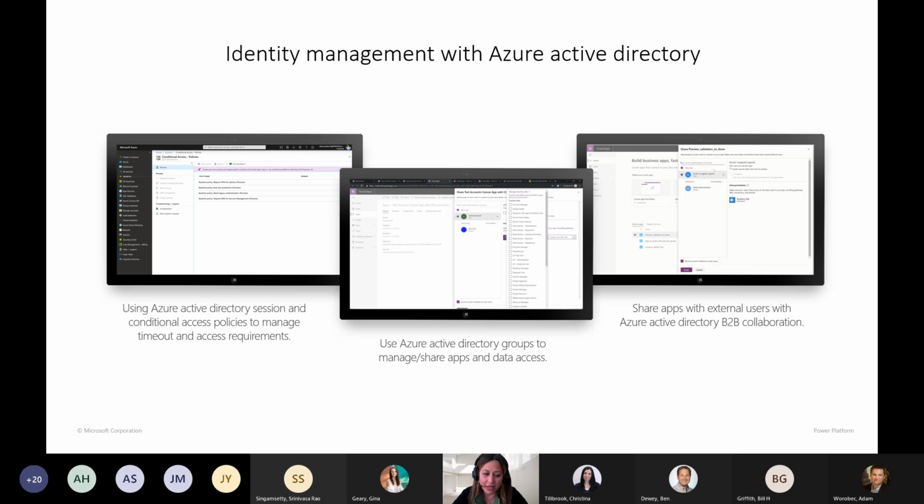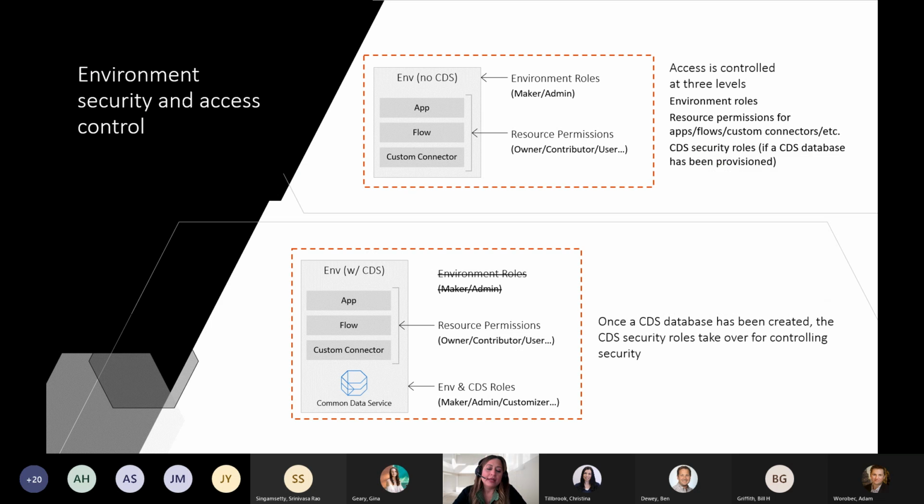external sources of authentication. So when we're thinking about environment security and access control, one of the things that I think I mentioned earlier is that when you're using the Dataverse capabilities, which by the way, Dataverse was called Common Data Service. We like to change names around here at Microsoft, so it's gone through a couple of name changes.